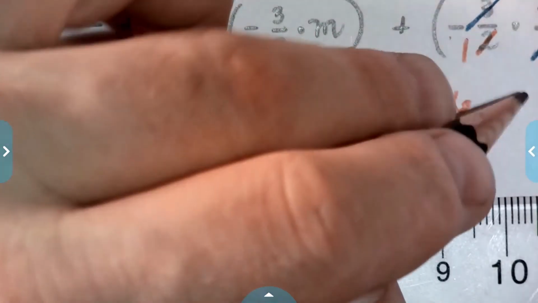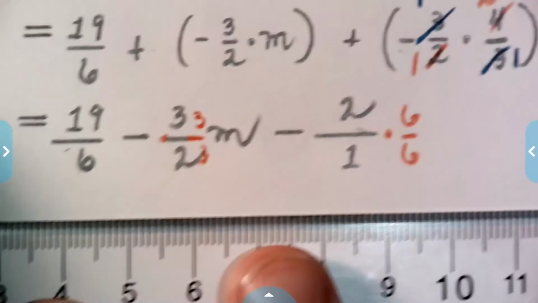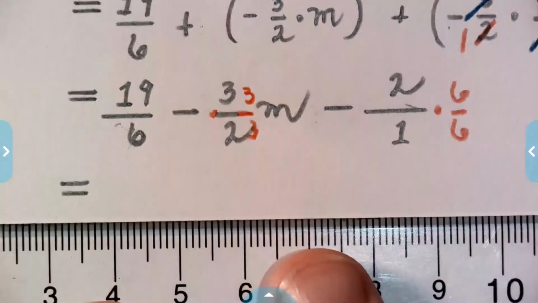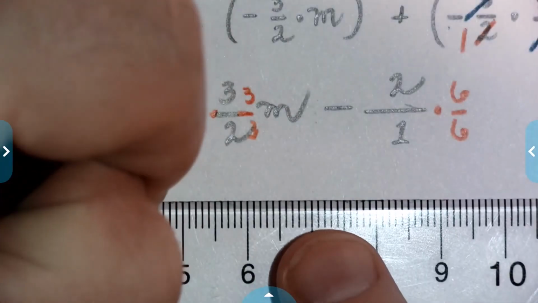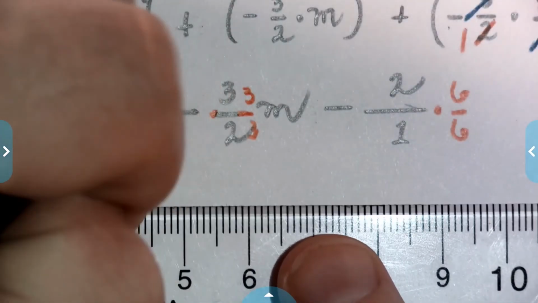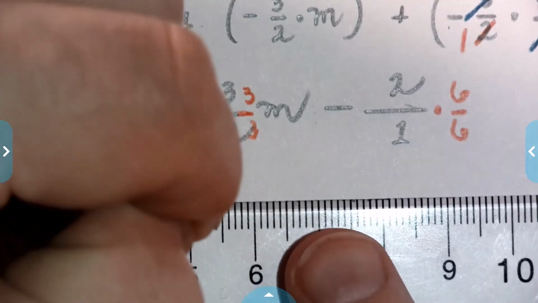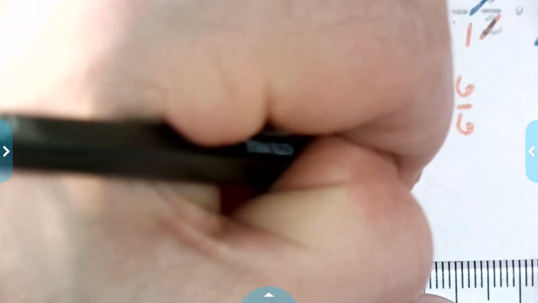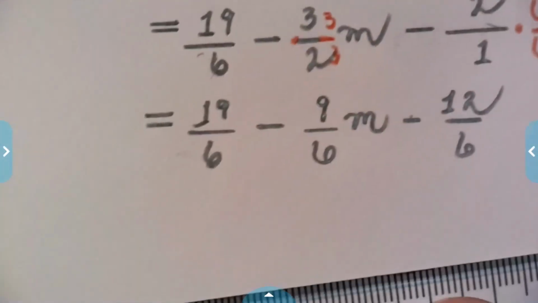I see, so in that case it wasn't a good idea to simplify it, but whatever. We got 19/6 unchanged. Minus 3 times 3 is 9 over 6m minus 12/6. Okay.